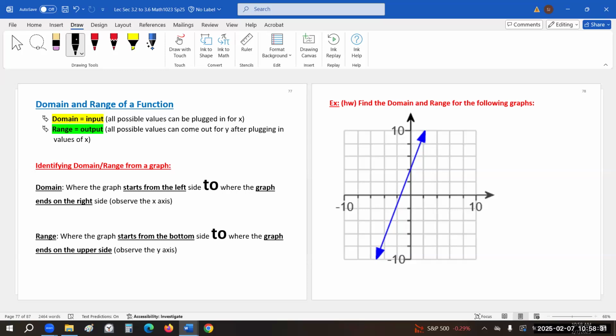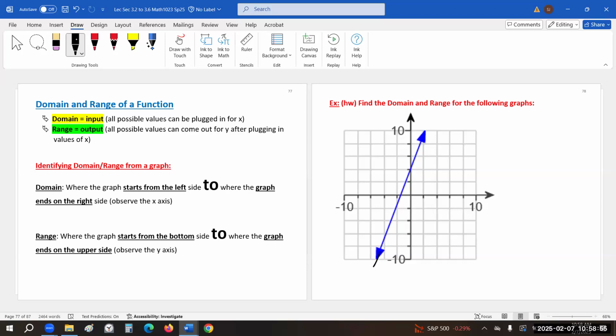Can you plug in 0? Can you plug in -1? Can you plug in -5? Can you plug in -5 million? Negative infinity. We can plug in any negative number in a line. So the smallest x value we see in a line is negative infinity.